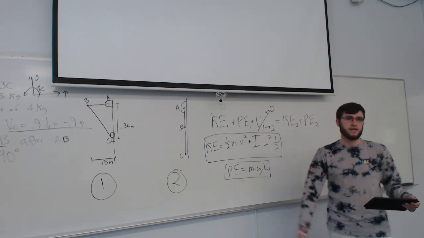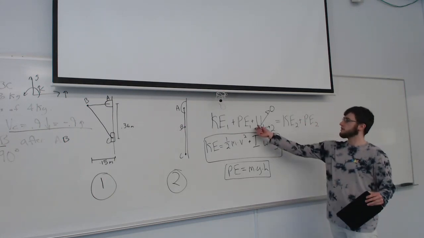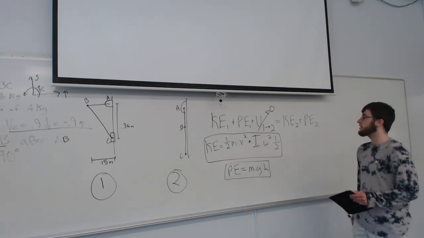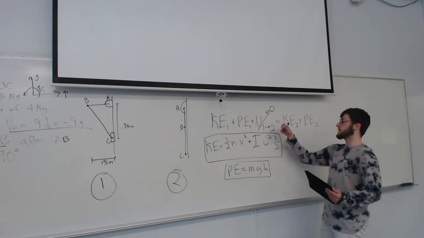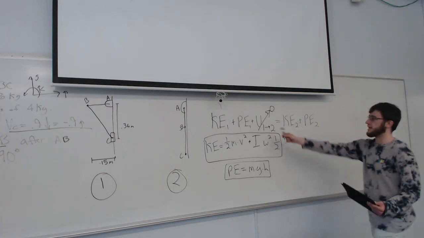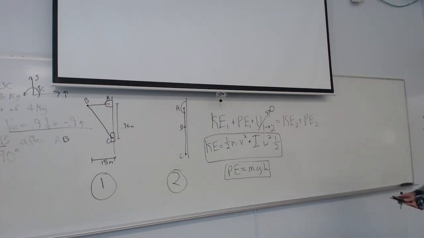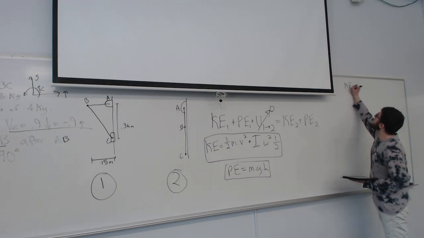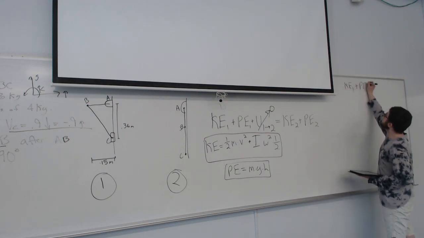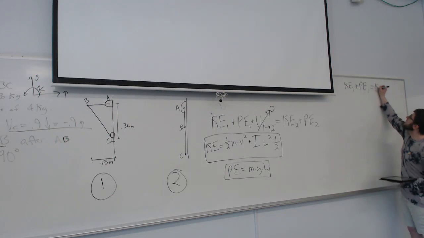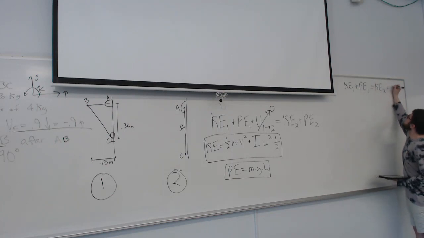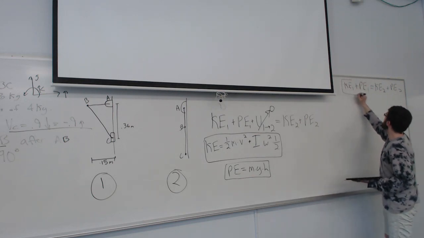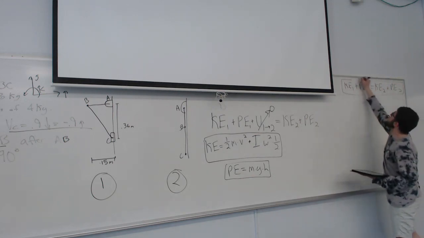So that's a hint right there that this term's going to go away. Obviously in real life that would never happen, but we're assuming no friction and no applied forces, so that goes to 0. So the base equation we are trying to solve is kinetic energy at 1 plus potential energy at 1 equals kinetic energy at 2 plus potential energy at point 2. This is our simplified base equation.